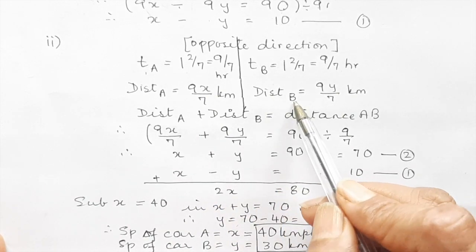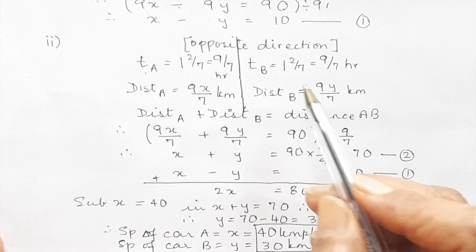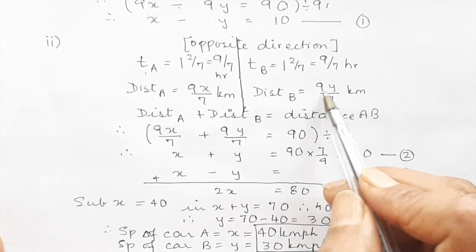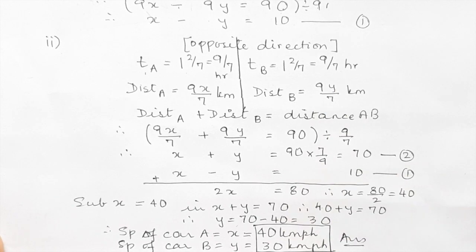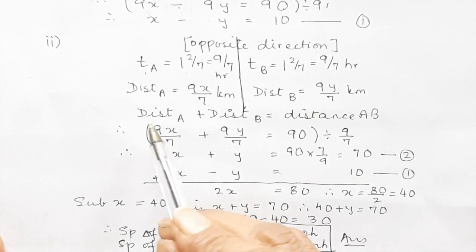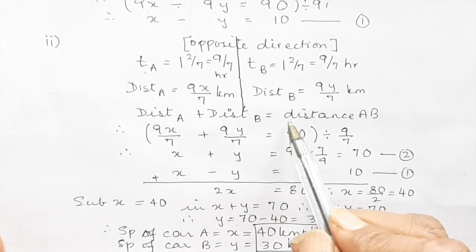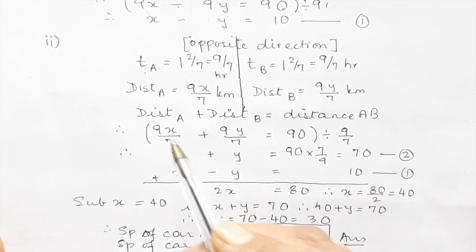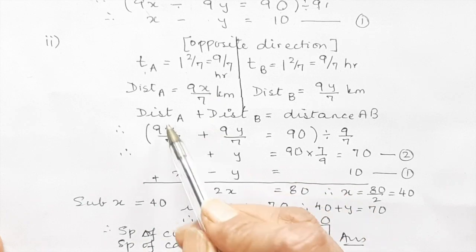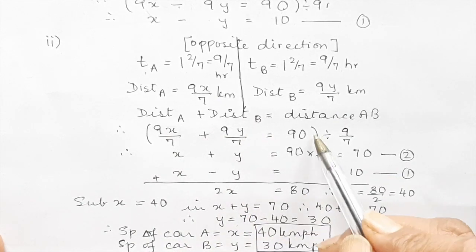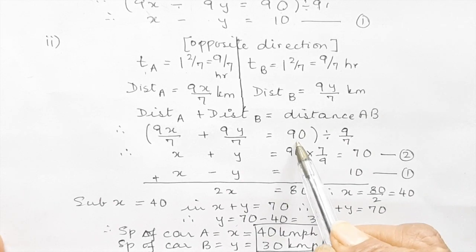And the distance for the car from B will be this time multiplied by its speed, which is y, so 9/7 into y kilometers. Now both the distances, as I explained to you a little while ago, will add up to the distance AB. So distance A plus distance B is equal to distance AB, means 90.